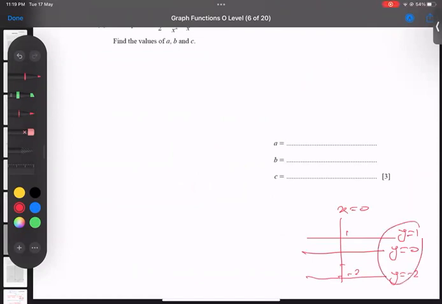So only y involved means a line parallel to the x-axis. And if only x is involved, then the line is parallel to the y-axis.